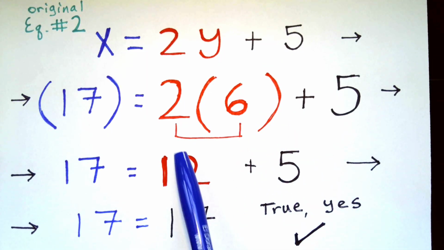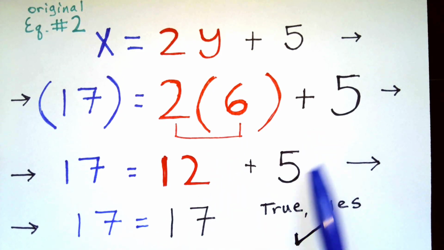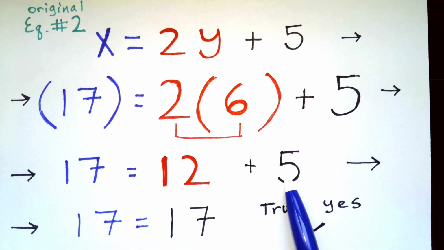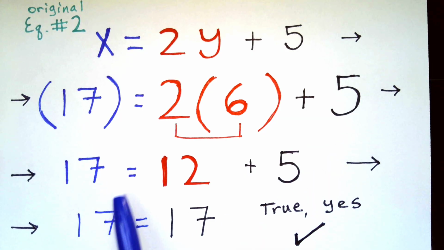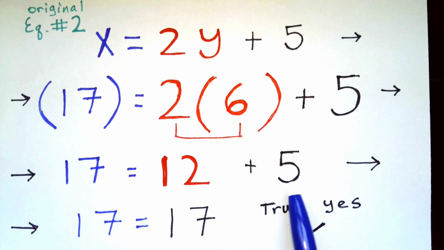And now I'm going to simplify. 2 times 6 is 12 plus 5. The 17 I rewrite, the equal I rewrite. 12 plus 5 is 17. Does 17 equal 17? That's a true statement. Yes, absolutely. X equals 17 and Y equals 6 is my solution.